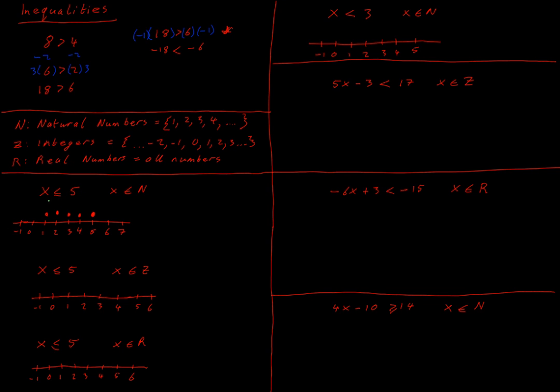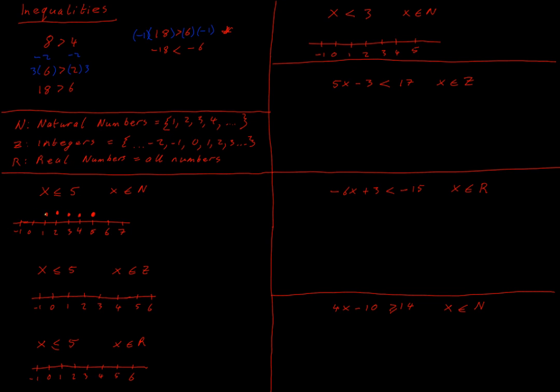Not because of what it says here, but because I'm told that x is a part of the natural numbers. X is an element of the natural numbers. It's part of this group, this set, if we remember back to our work in sets. So x is an element of N, and I just talked about what natural numbers are. The smallest natural number is 1.